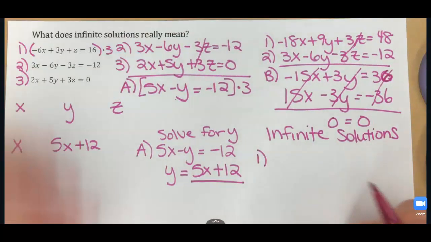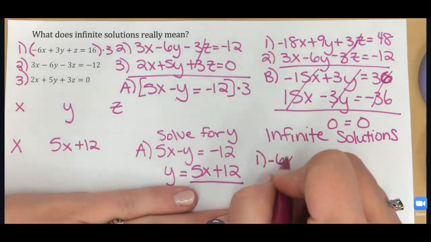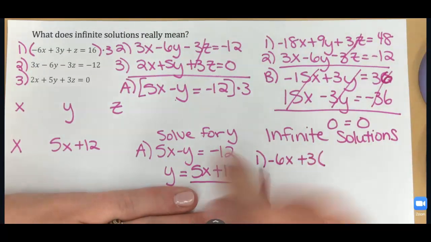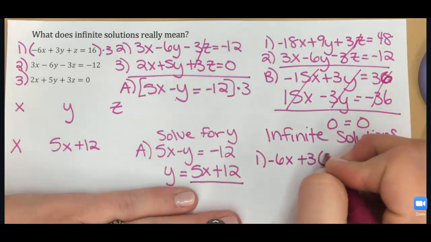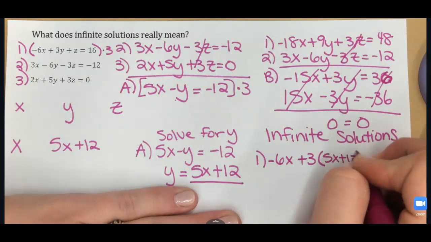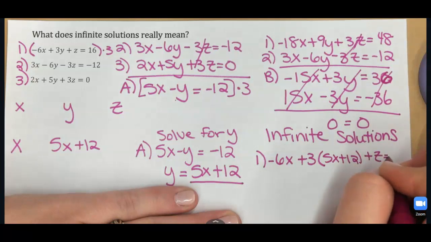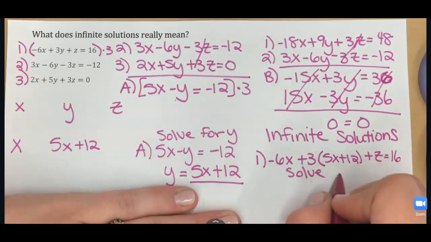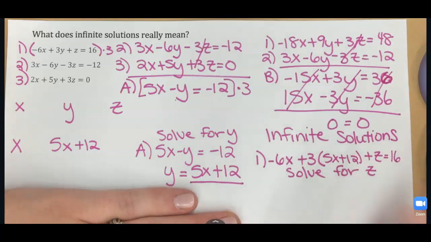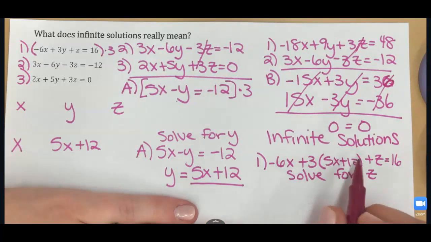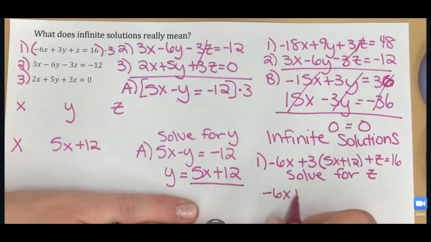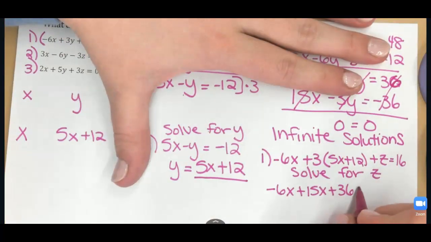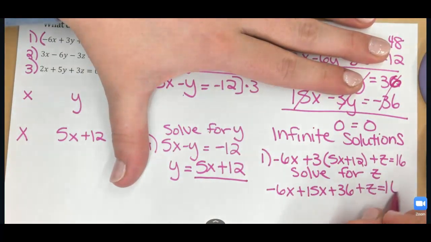So over here, this is equation 1, negative 6x plus 3 times, and this is where I'm substituting for y. And what I'm going to do with this equation is solve for z. That means to get z alone. So I have to distribute the 3 here. So that's 15x plus 36 plus z equals 16.